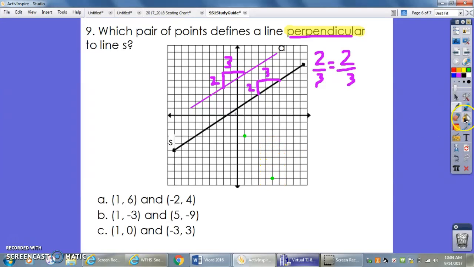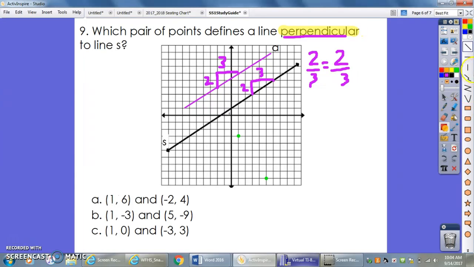Okay, so I'm also going to draw the line. I'm going to draw it so that it goes all the way to the other side of the graph, because you want to see the intersection. Okay, and just looking at this intersection, it looks like 90 degrees. All right, if I were to take the corner of my paper and stick it right there, it should line up perfectly if it were 90 degrees.